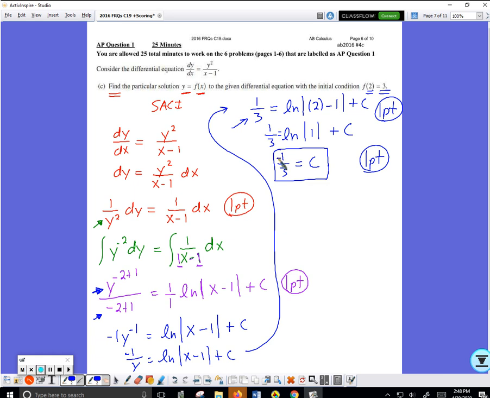Okay, last step is to do the isolation step. So that means we're going to come back to this equation here. So we're going to copy this over. And erase all this.